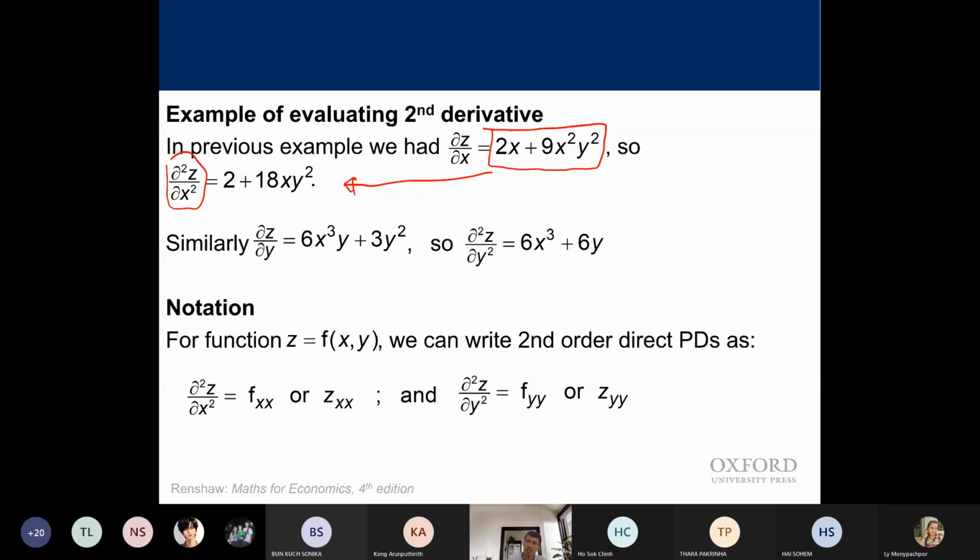As you can see, this term will be 2, and this term will be 18x, because when you differentiate x squared with respect to x it becomes x, and the coefficient will be 9 times 2, so 18. And y squared you just treat as a constant, the coefficient of the term x squared.